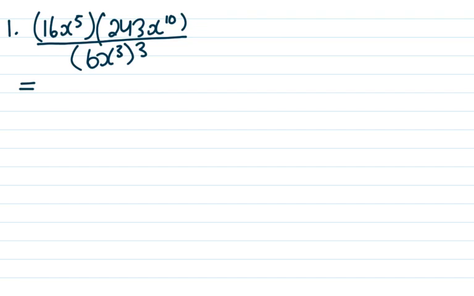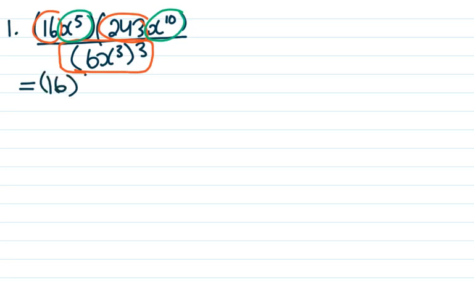So the first thing I'm going to do is get this 3 into that entire bracket. As I do that, I'm also going to do some of this multiplication on the top here. So I'll do 16 times 243 and x to the power of 5 times x to the power of 10.